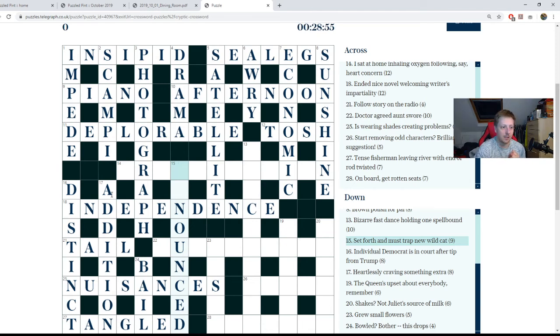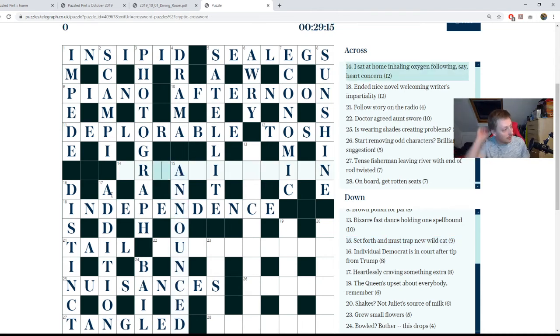So new wildcat, that's N ounce, so I'm after something that's, literally, and, that traps N ounce. Okay, there we go. It's a snow leopard, says Catnip. Thank you, Catnip.